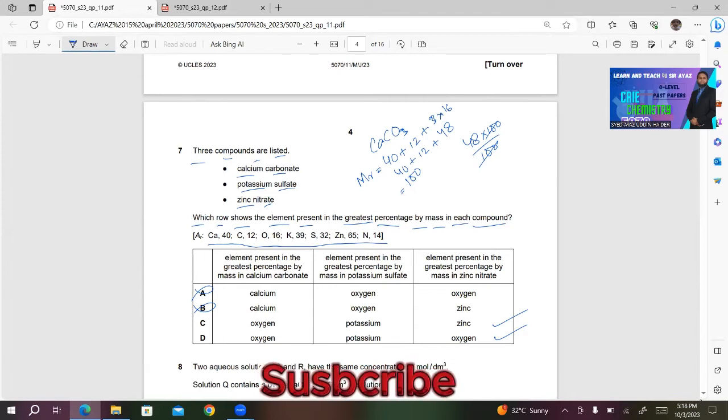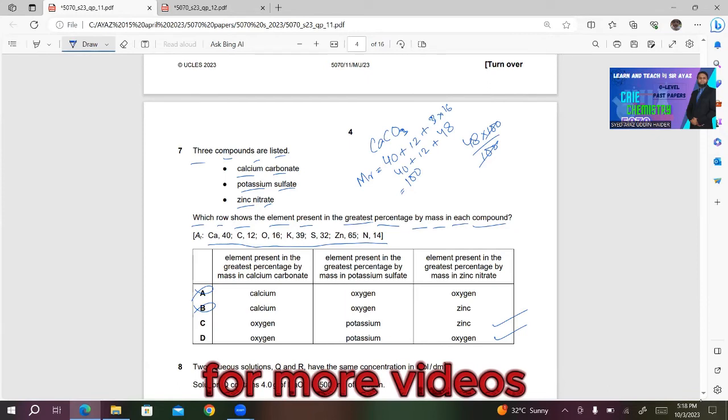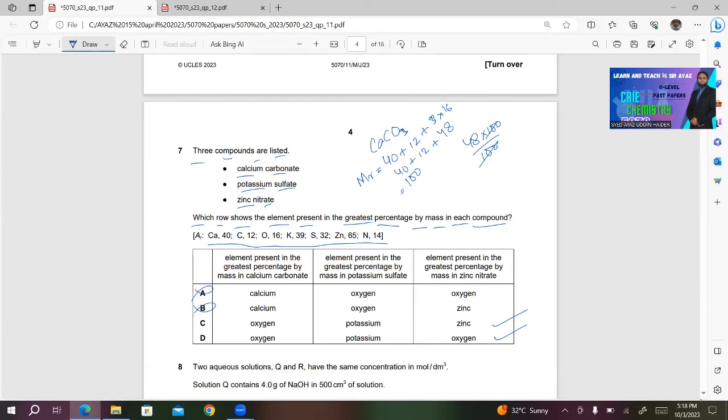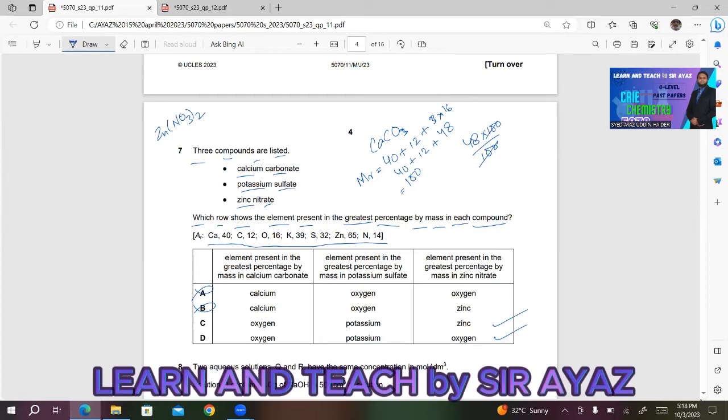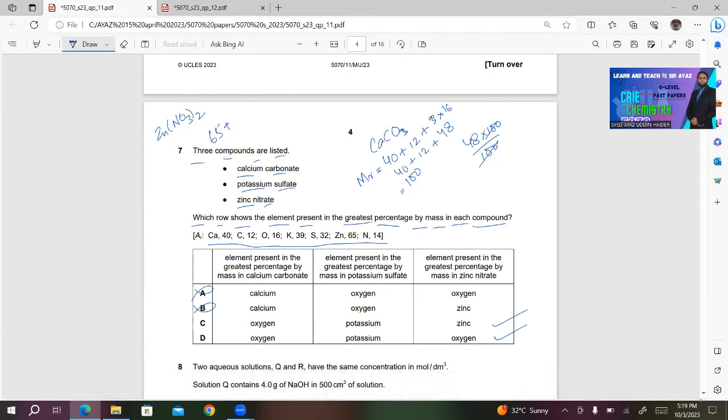In zinc nitrate, first of all, I need to calculate the MR of zinc nitrate. What will be the formula of zinc nitrate? It is Zn(NO3)2, the reason being that zinc carries a +2 charge. For zinc, there is 1 atom of zinc, so we add 65, plus 2 atoms of nitrogen, so we multiply 2 by 14 and get 28.